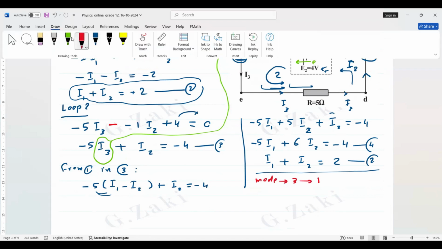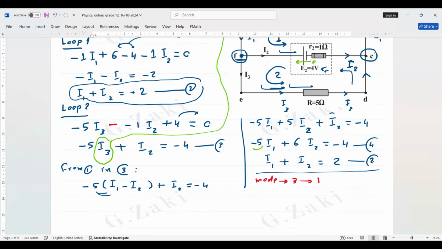Negative 5 equals, 6 equals, negative 4 equals. If there is no number, it means 1: 1 equals, 1 equals, then 2 equals.